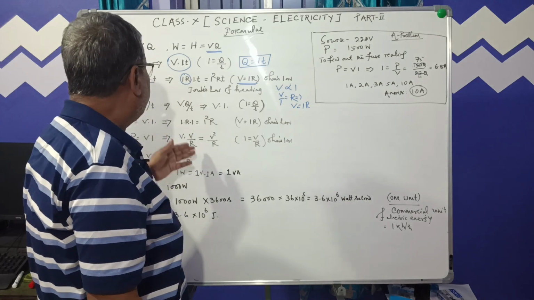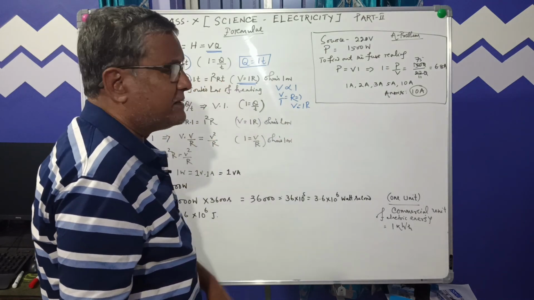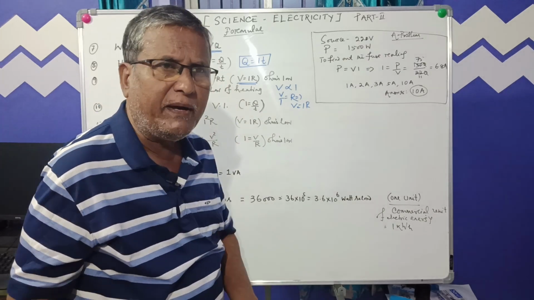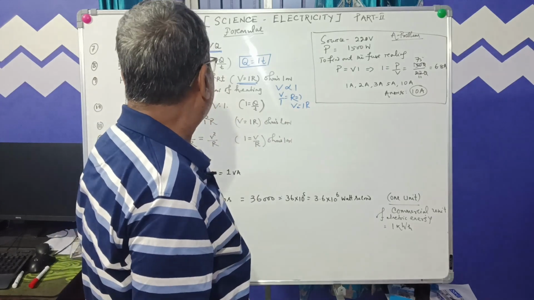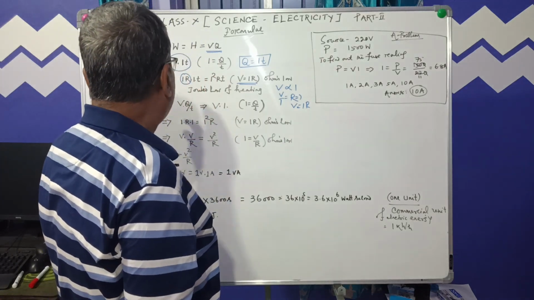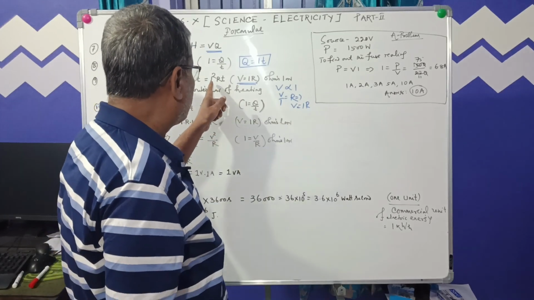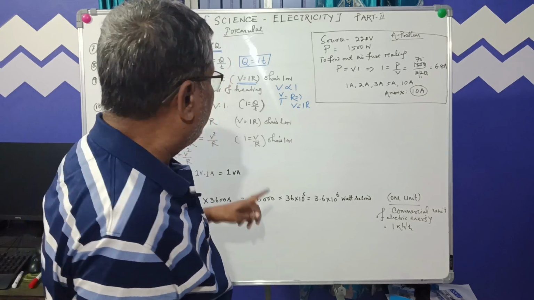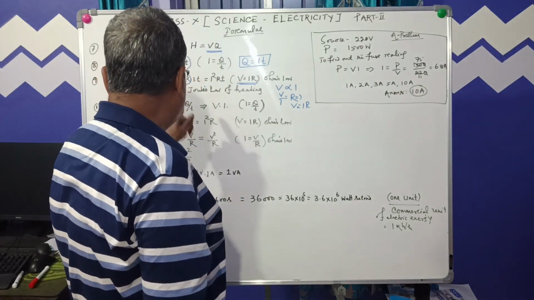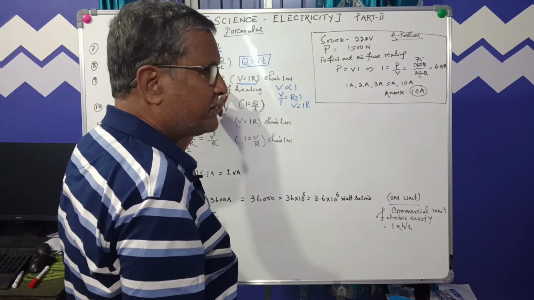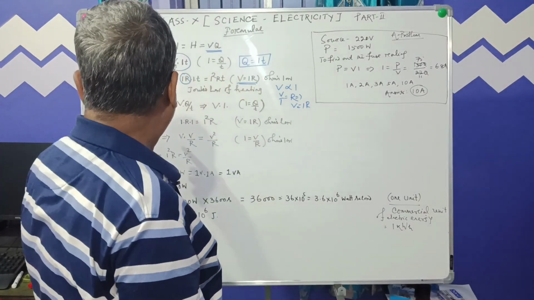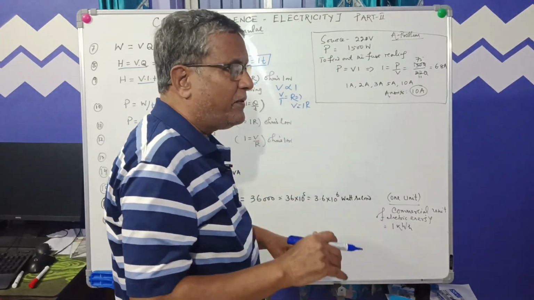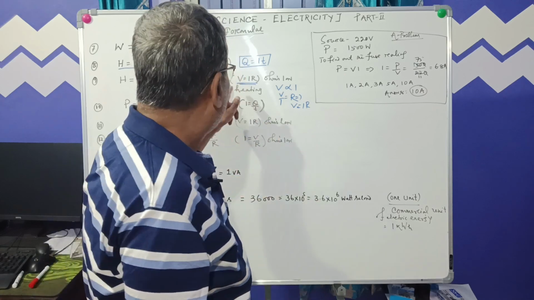Now the amount of heat depends upon three things, you see: current, resistance and time. Let's explain. The amount of heat H is directly proportional to the square of the current for a given resistance. Point number two, the amount of heat is directly proportional to the resistance for a given current, and the amount of heat is directly proportional to the time for which the energy is drawn from the source.